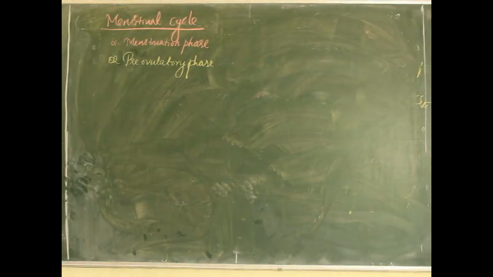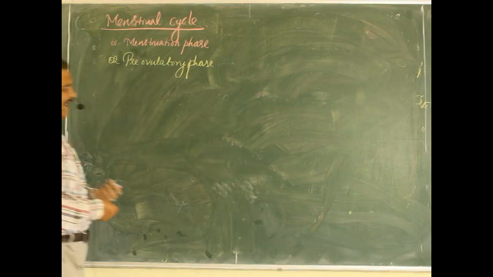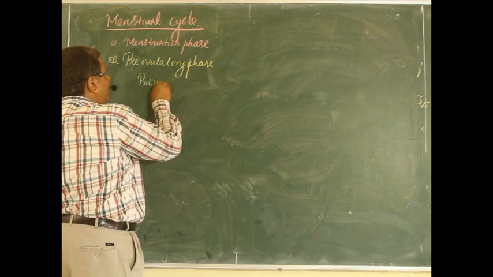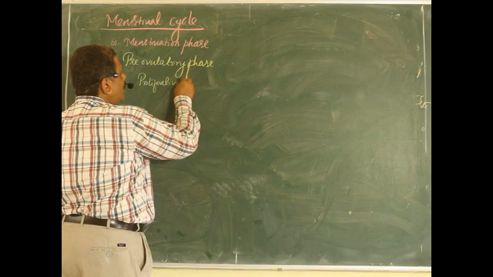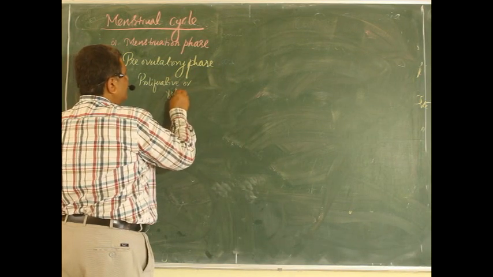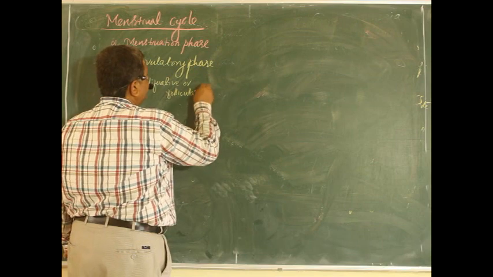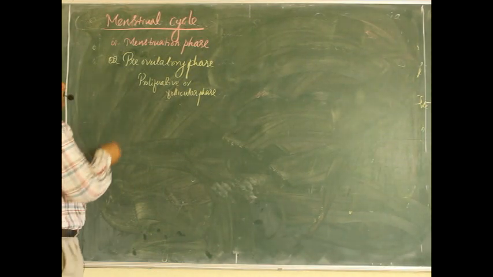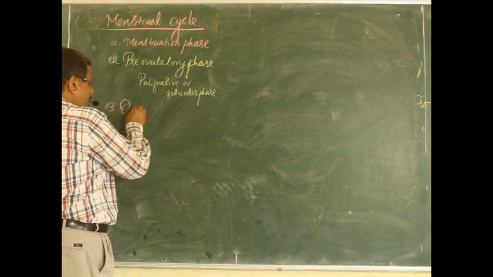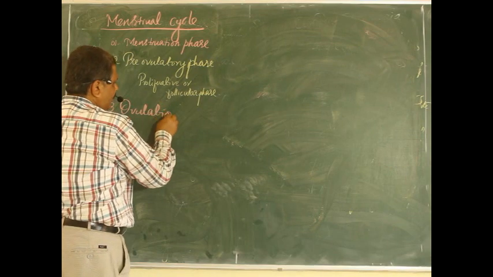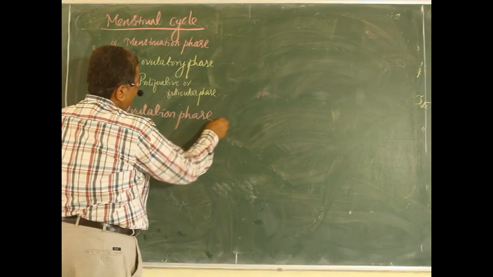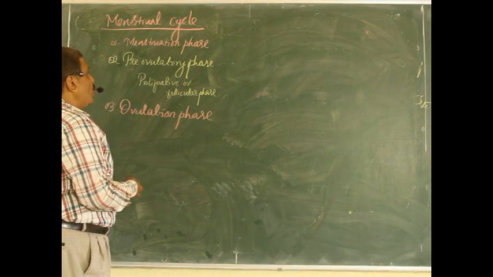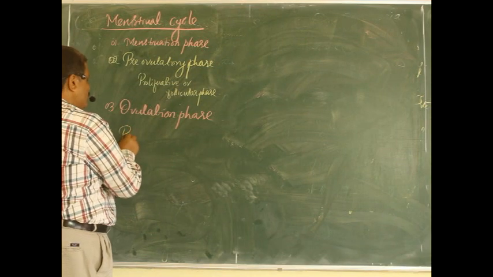It is also called the proliferative phase or follicular phase. The next phase is the ovulation phase, and the last phase is called the post-ovulation phase or post-ovulatory phase.